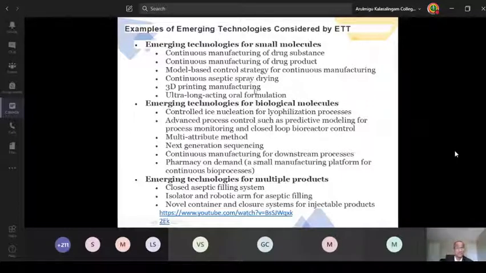3D printing technology, which is also, I think, used for some molecules like levetiracetam approved by the FDA, which is also very patient specific. Likewise, emerging technologies for biologic molecules: controlled ice nucleation for lyophilization processes, advanced process control such as predictive modeling, multi-attribute method, next generation sequencing, and continuous manufacturing, not only for small molecules but also for downstream processing, like fermentation.